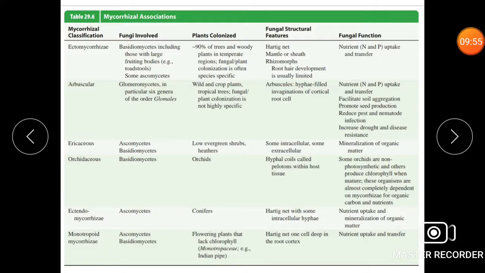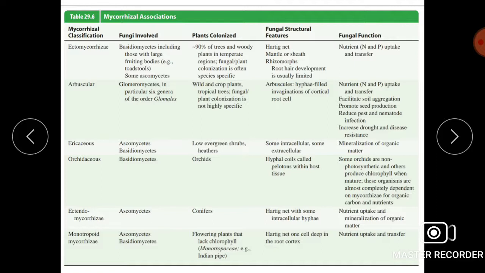Ectoendomycorrhizae, and the fungi involved are ascomycetes, and plant colonized are conifers, and structural fungal features include Hartig net with some intracellular hyphae, and fungal function includes nutrient uptake and mineralization of organic matter. And the last one is monotropoid mycorrhizae. The fungi involved are ascomycetes and basidiomycetes.